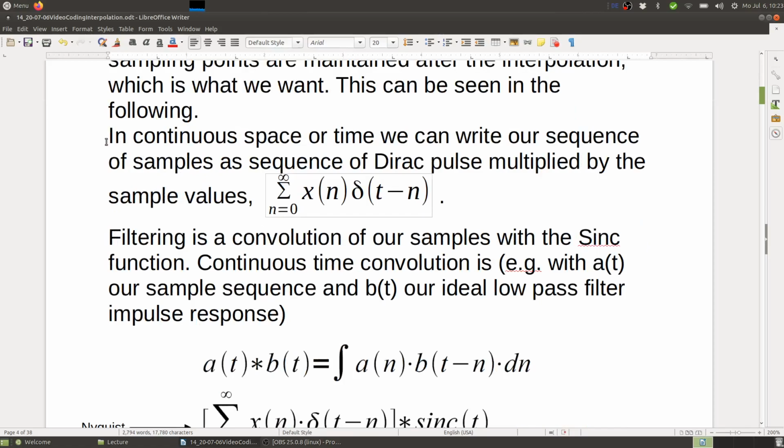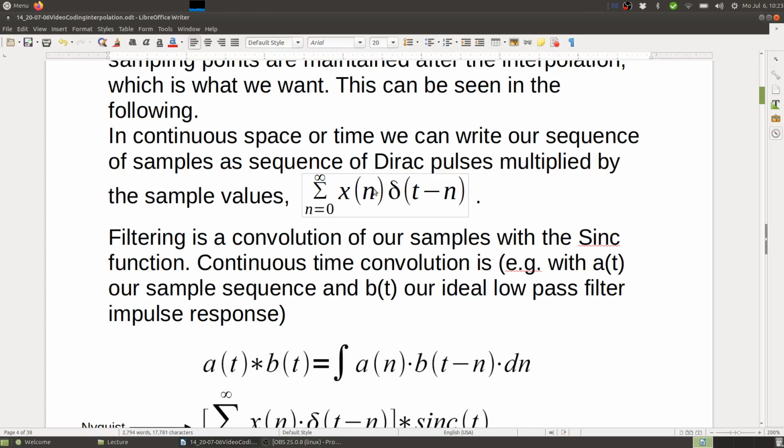In continuous space or time, we can write our sequence of samples as a sequence of Dirac pulses multiplied by the sample values. This is what we can see here. Here we have the sum going from 0 to infinity, and here we have shifted Dirac pulses, delta of t minus n, centered on each n of this sum, and then it gets the value of the pixel x of n at this position n.